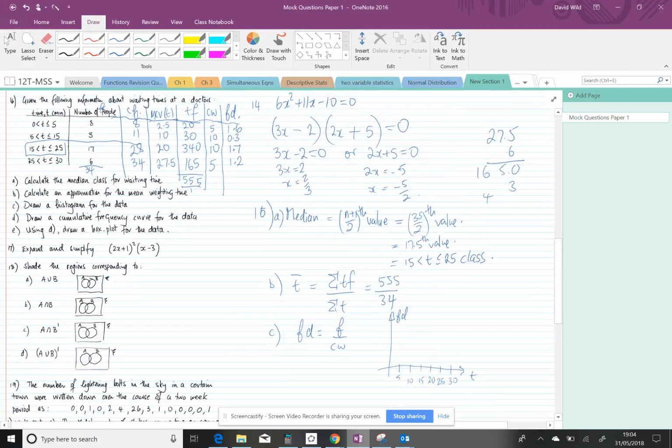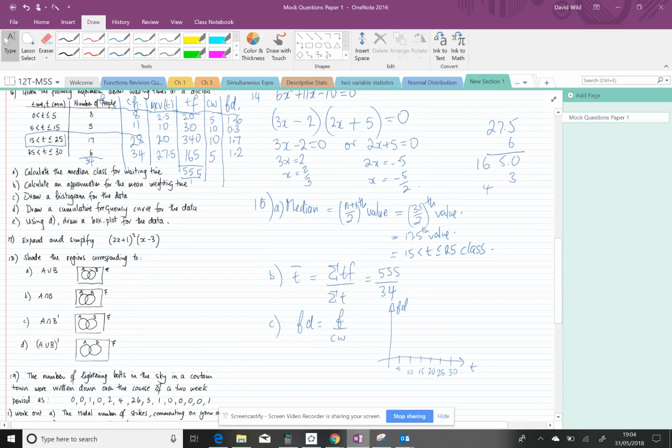And your frequency densities are going all the way from nothing up to 1.7. So there is 0.5, 1.0, 1.5, and 2.0.